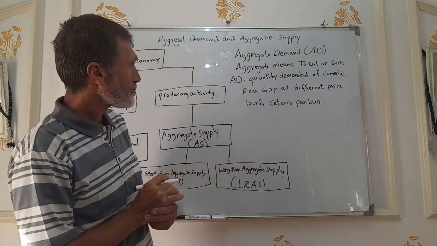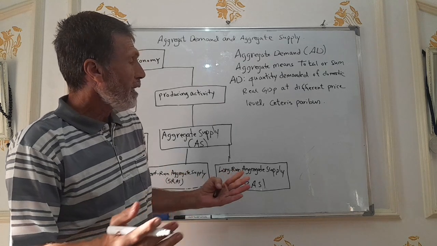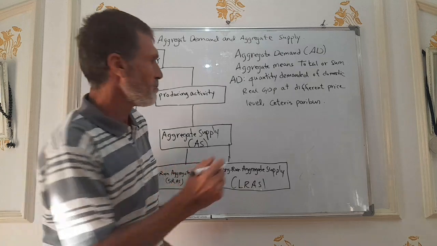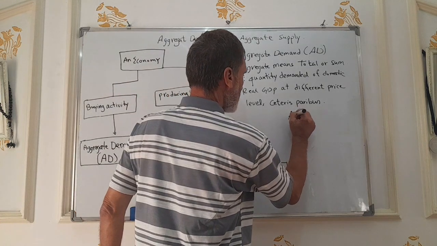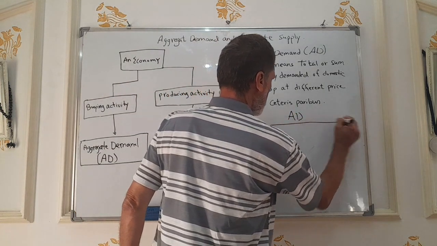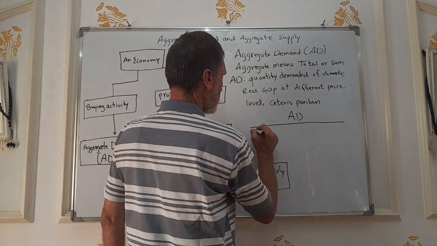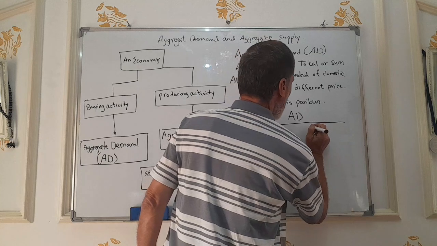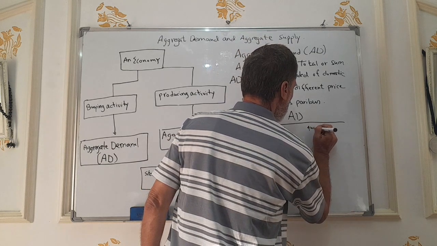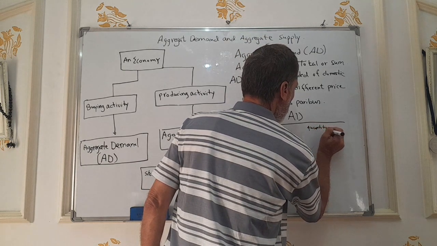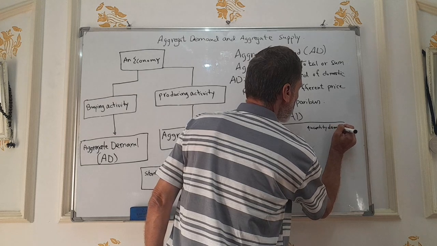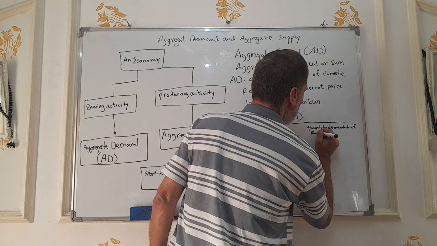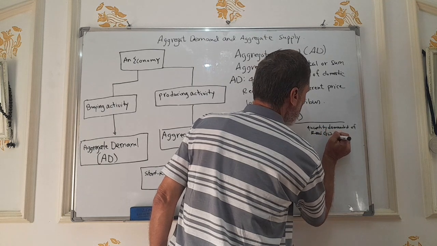Of course, we can have a table to represent the aggregate demand. You can say aggregate demand, as you can see, and we have a table over here. You can say here, price level. You can have the quantity demanded of real GDP.